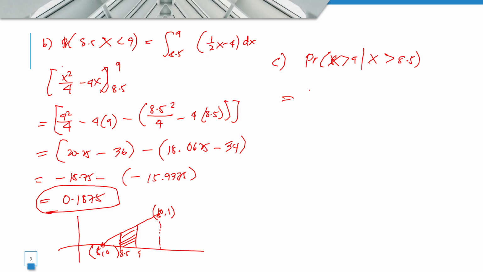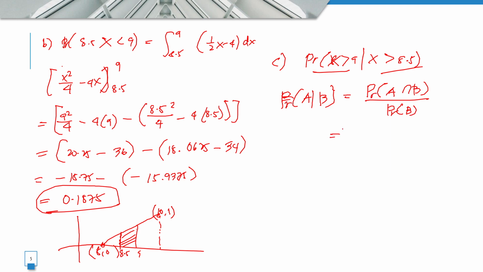It is formalized that the probability of A given that B had happened is equal to the probability of A and B over the probability of B. Okay?